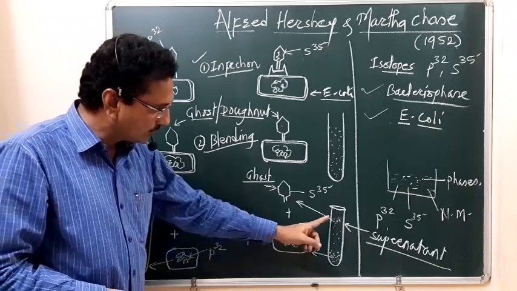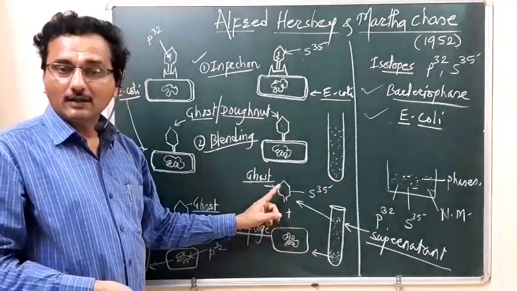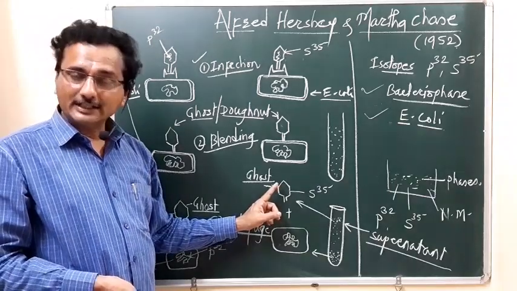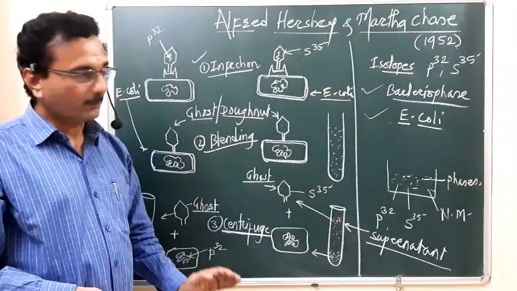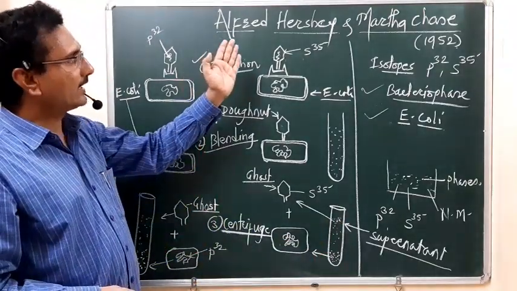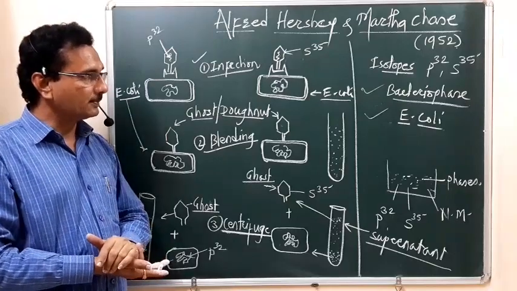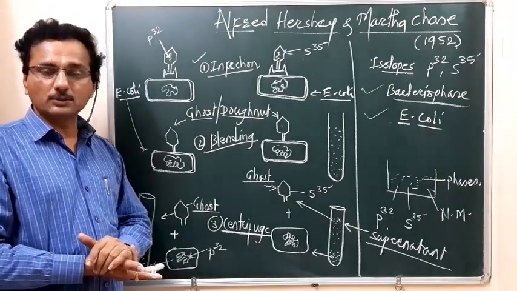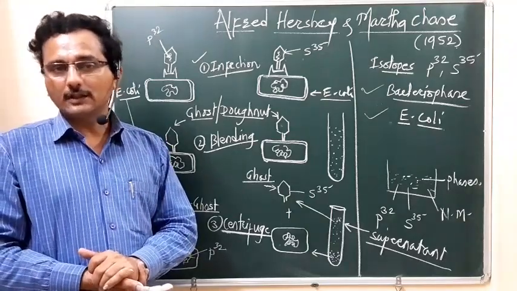It remains in the protein coat of the bacteriophage and is reported in the supernatant. So on the basis of their experiment, they concluded that the transforming principle is DNA, it is not protein.